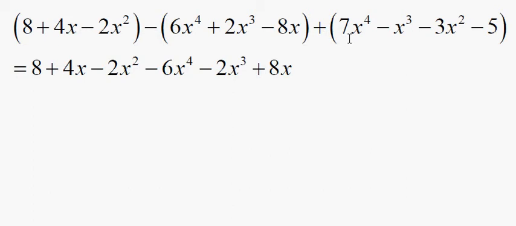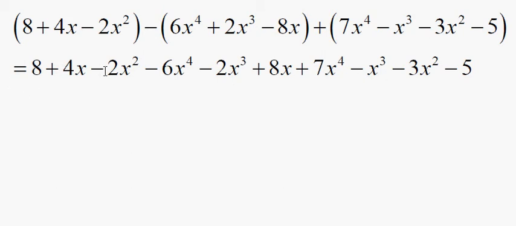Now moving on, we'll have plus 7x to the fourth, and minus x cubed, minus 3x squared, minus 5. So we've already simplified it, because we've eliminated these parentheses and dealt with this minus sign. We've distributed it out to each of these terms, so we don't have to worry about the parentheses anymore, and each term has the true sign that it is.